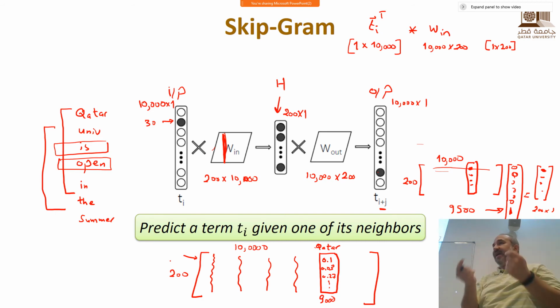Now the hope, what we train the network for, is that if two terms are semantically similar, then the representation of them should be closer in that space. And if I compute the cosine similarity between them, it shouldn't be that small.